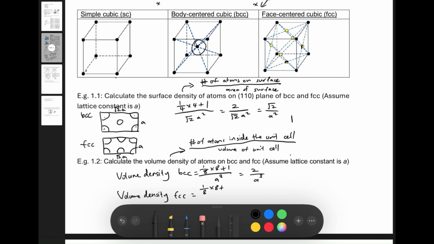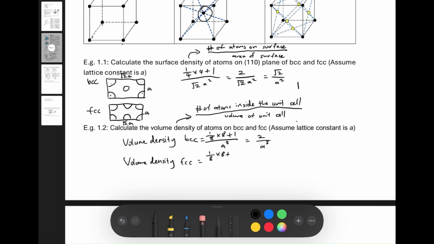Each face has half inside, right? Because if you imagine the sphere is shared between 2 unit cells, so if there's another unit cell here, this is shared between the 2 of them. So we have half of the face-centered atoms enclosed inside this unit cell. So it's half times 6 atoms. So it's 1/8 times 8 plus half times 6, which is equal to 4 over A cubed.